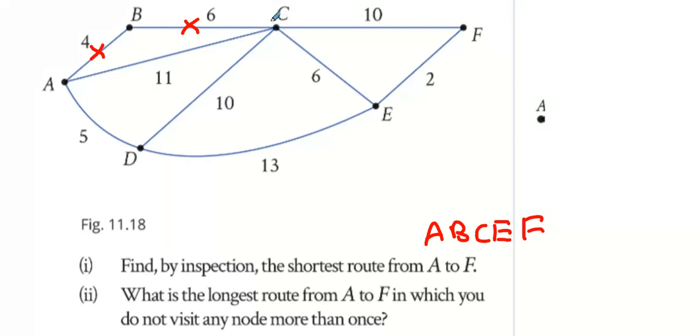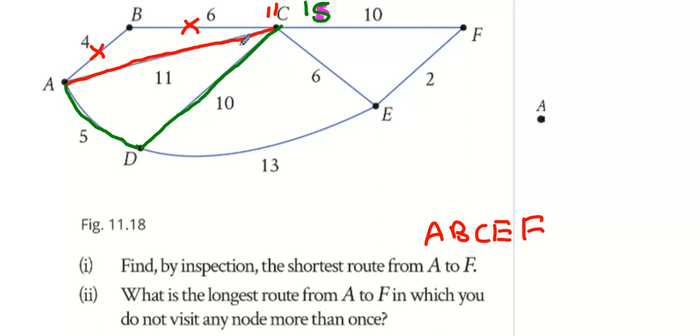So A to C is 11. That's the one we're going to choose, this one here. Okay. Now, you're allowed to visit each node once, so each letter can only be represented once. Now, we can also do A to D, and then we can also do D to C, and that'll be 15, which means that the green route is actually a better choice, is longer than the red route, I believe.